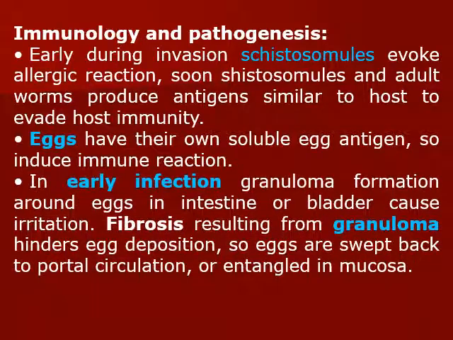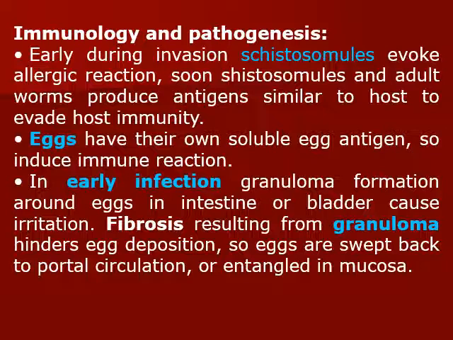In early infection, granuloma formation around the eggs in the intestine or bladder can cause irritation. Then, when fibrosis occurs from granuloma, it hinders egg deposition, so the eggs are swept back to the portal circulation or entangled in the mucosa.